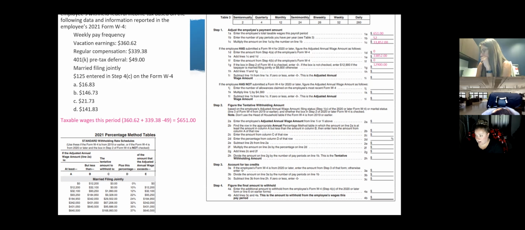We're going to do 12,900 because they told us he was married filing jointly. Add together, and figure out our adjusted annual wage amount.